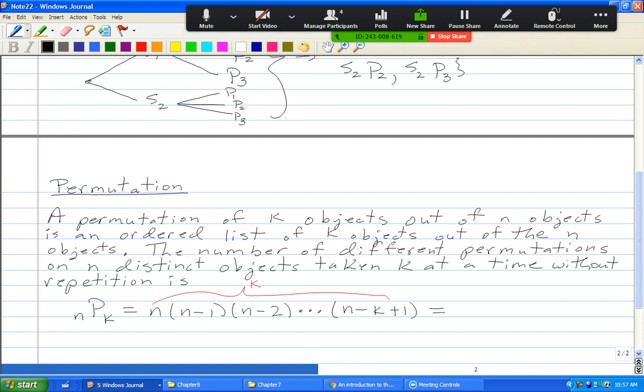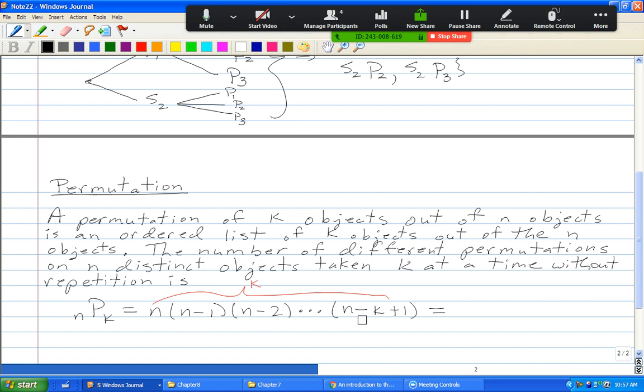Well, the first time that you're able to choose anything, you're able to choose any of those n objects. But since you don't want to repeat, you can't take the same object you've just chosen. So there's only n minus 1 choices for the next time that you choose.